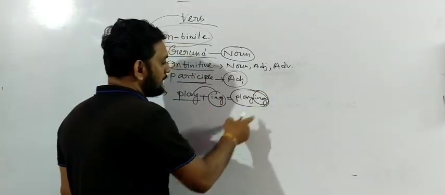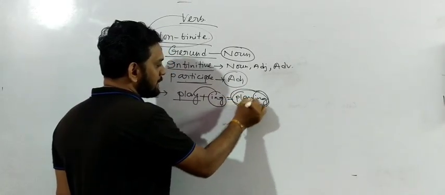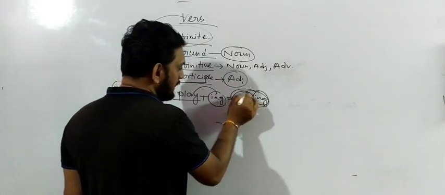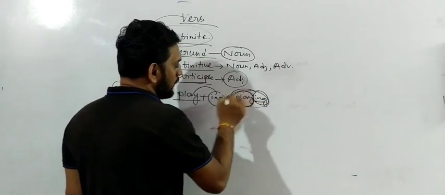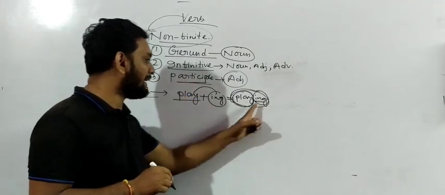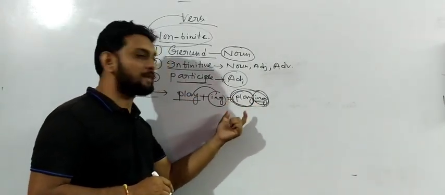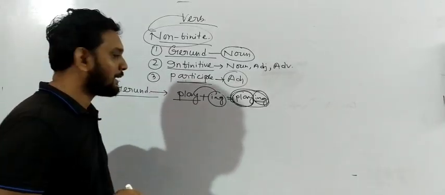Whenever you see the ing form ending with the verb, like this is the verb play, and this verb ends with ing, when it acts as a subject of a sentence, we always treat it as a gerund.